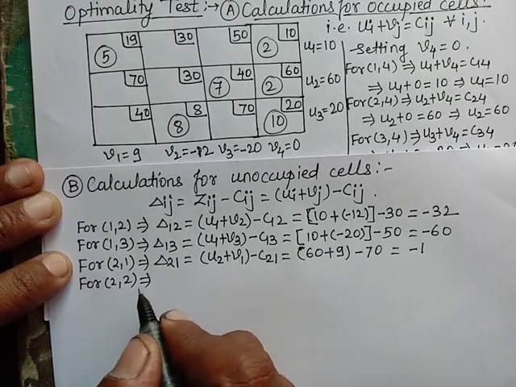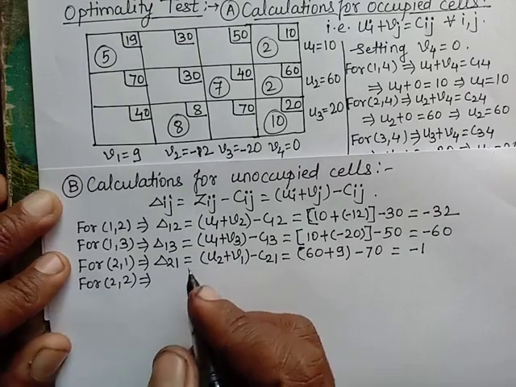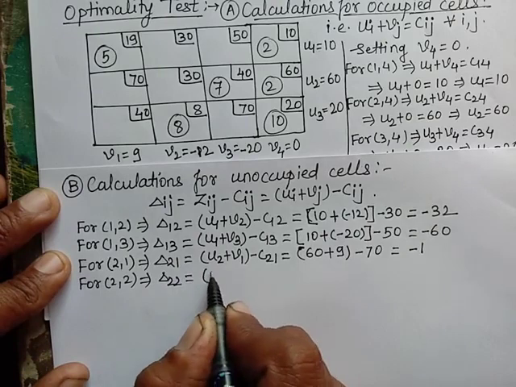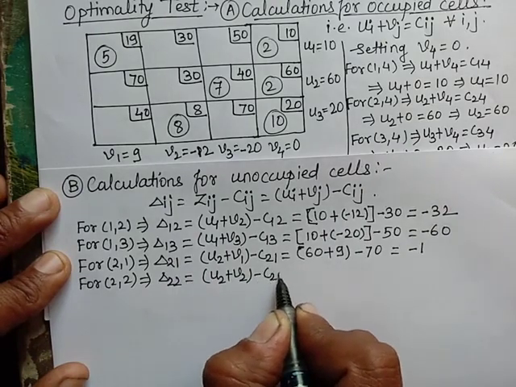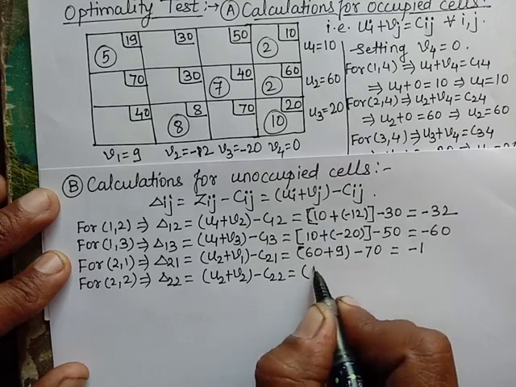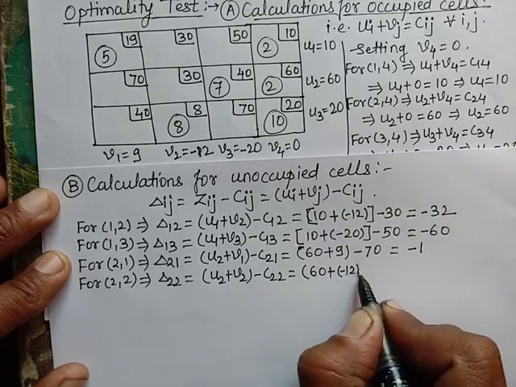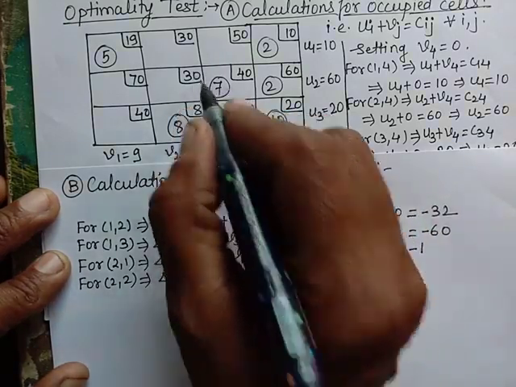Now for 2 2 we get delta 2 2 will be U2 plus V2 minus C22. So U2 is 60 plus V2 is minus 12 minus C22, which is 30.